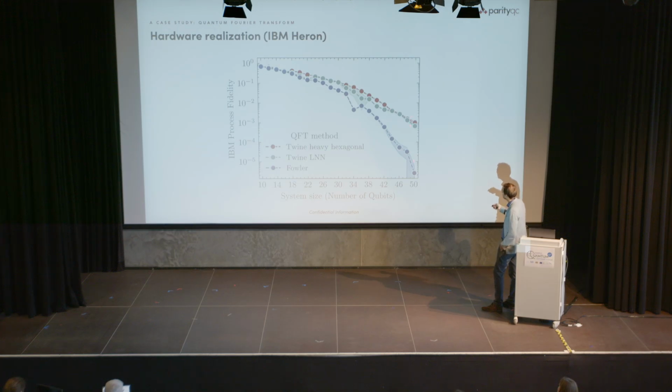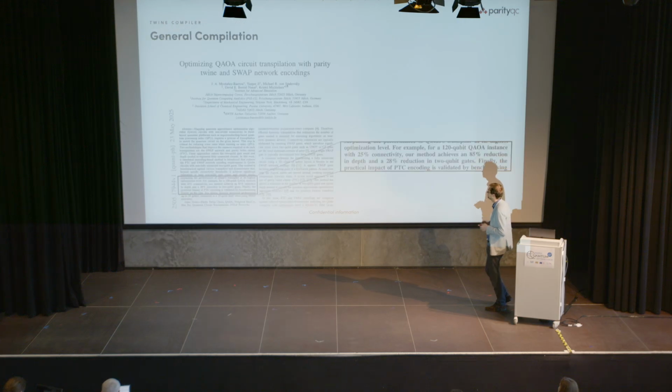And again, what you see is using this Twine method here, in this case, this was a heavy hex version, and on a linear chain, you can improve the state of the art by several orders of magnitude. So this, I think, is quite a remarkable result, and something that shows that this parity mapping really is a new tool to implement quantum algorithms.